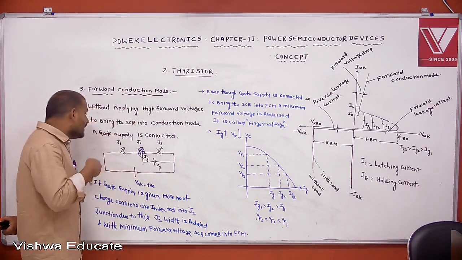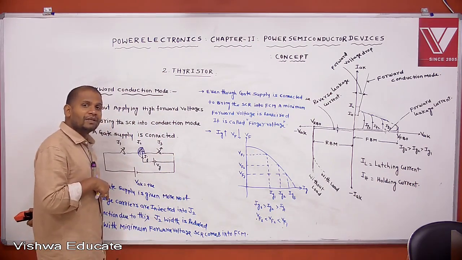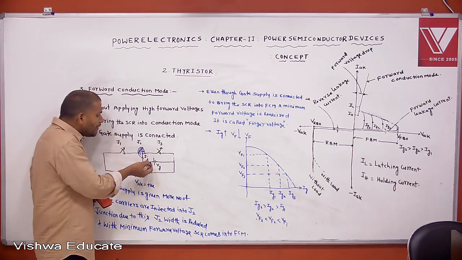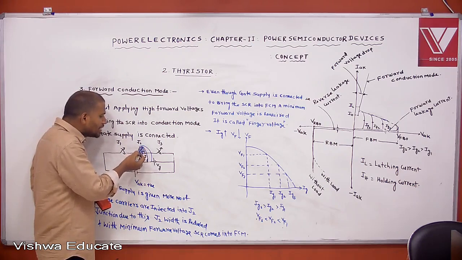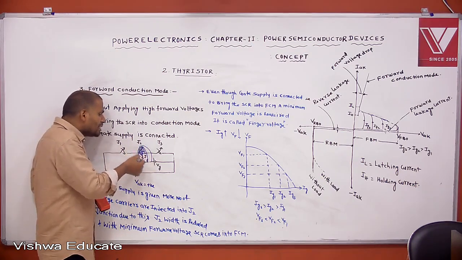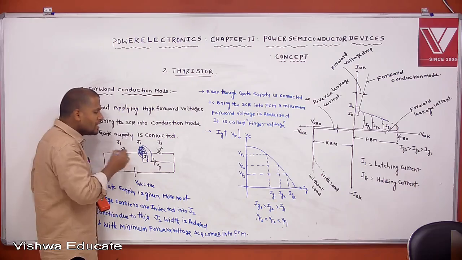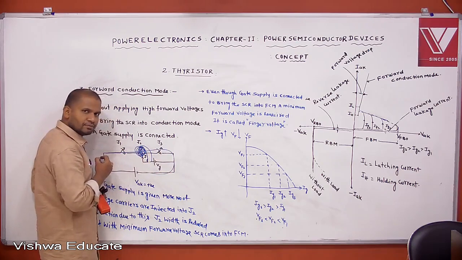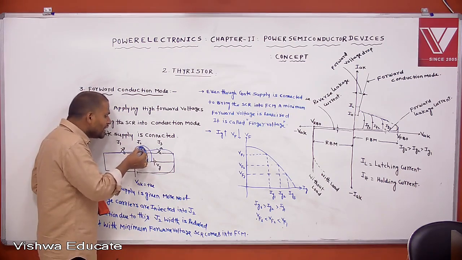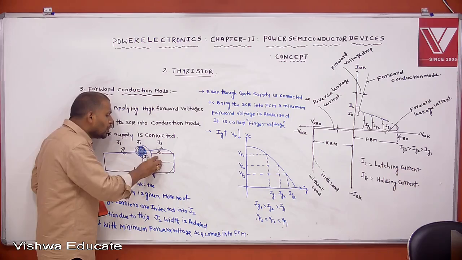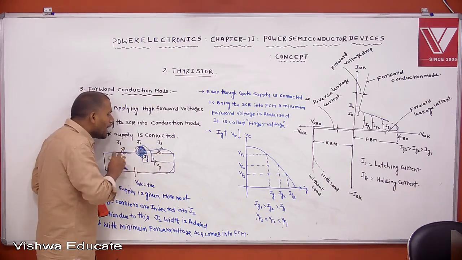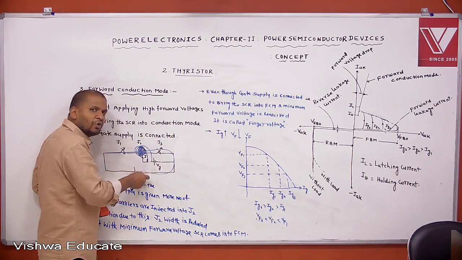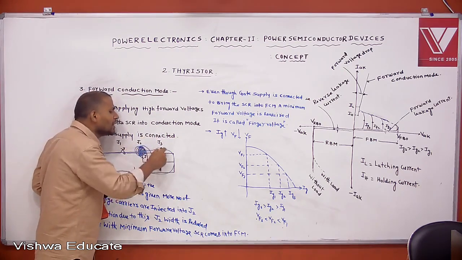Whenever gate supply is connected, more number of charge carriers are injected into J2 junction. Once more charge carriers are injected into J2 junction, J2 becomes more saturated, and the SCR starts the conduction. Once this J2 junction is more saturated, there is no control of the gate on anode current. That means we can increase the gate voltage or reduce the gate voltage, but the current through the SCR cannot be controlled.